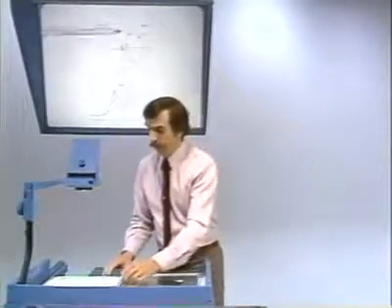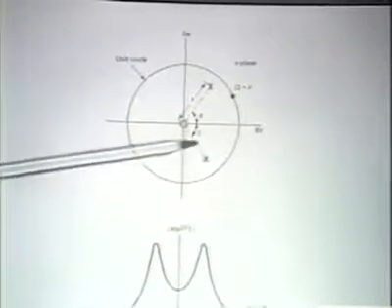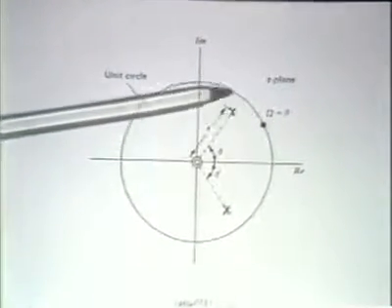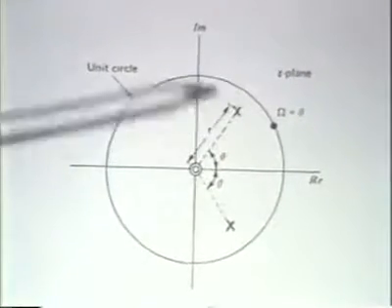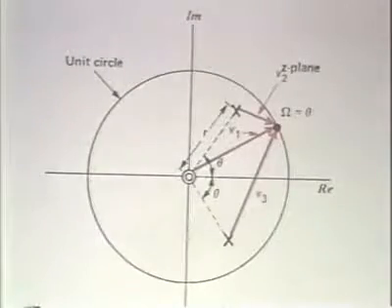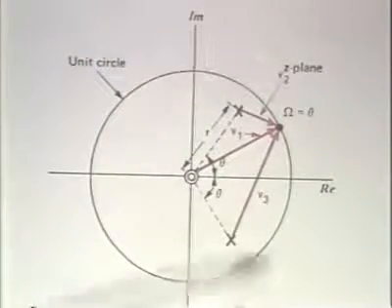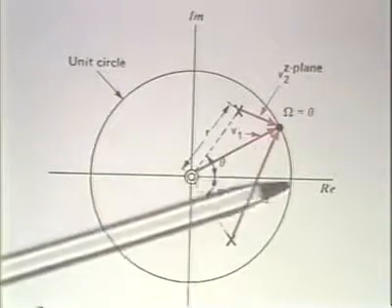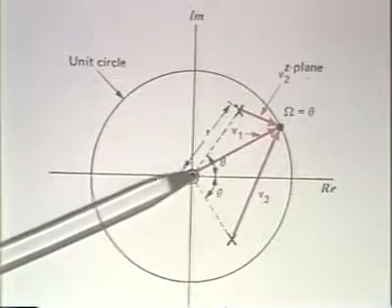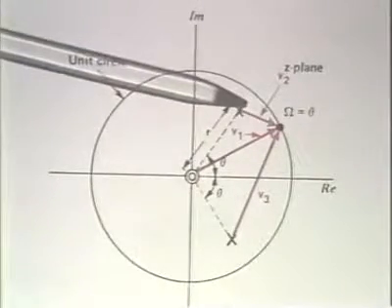And so here, if we assumed that the Fourier transform of the associated sequence converged, then again we would look at the behavior of this as we moved around the unit circle, and the ratio of the lengths of the appropriate vectors would describe for us the frequency response. The Fourier transform. So the Fourier transform magnitude would consist of the ratio of the lengths of the zero vectors divided by the lengths of the pole vectors.